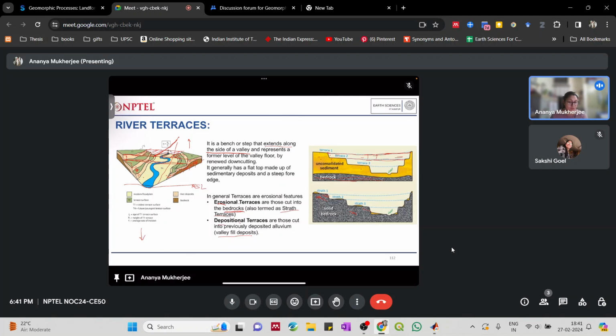So there was a drop in the elevation due to erosion or uplift and then another terrace is formed.